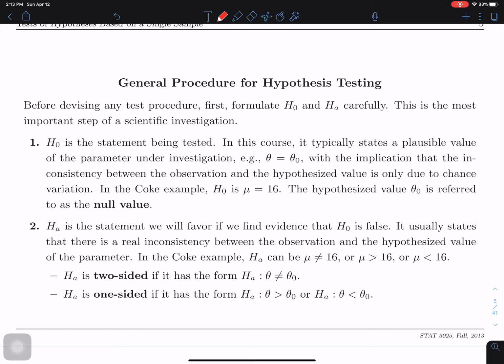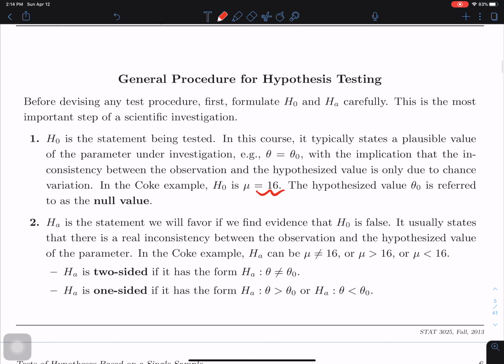So H0 is the statement being tested, and in this course, it typically states a plausible value of the parameter under investigation, for example, theta equals theta 0, with the implication that the inconsistency between the observation and the hypothesized value is only due to chance variation. And in the Coke example, our H0 is mu equals 16. So 16 is our hypothesis value.